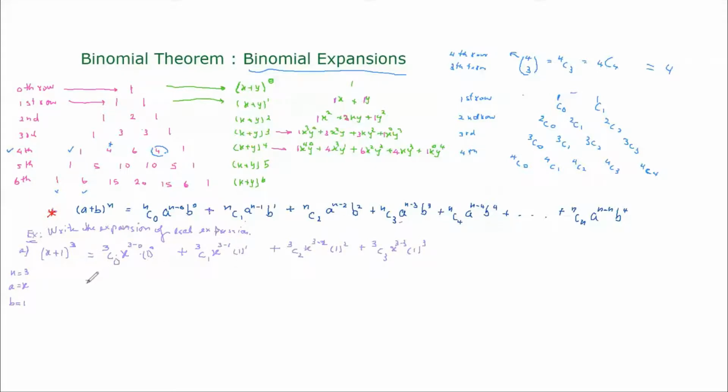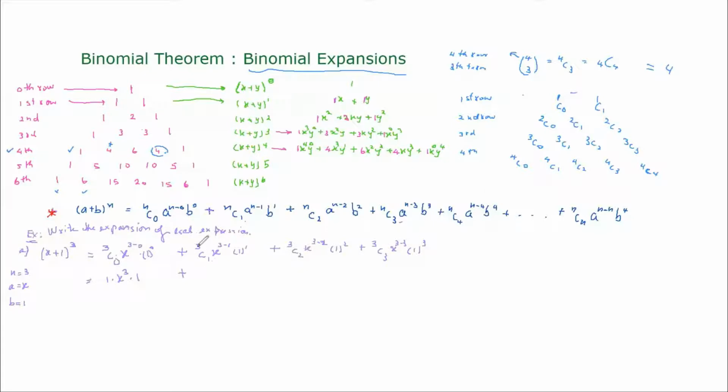Now after this, we just expand. 3C0 is 1. You can use a calculator, which is faster. Otherwise you have to use the formula of combination, which may take a little more time. So 3C0 is 1, times x power 3 minus 0, so we have x power 3. 1 power 0 is always 1.